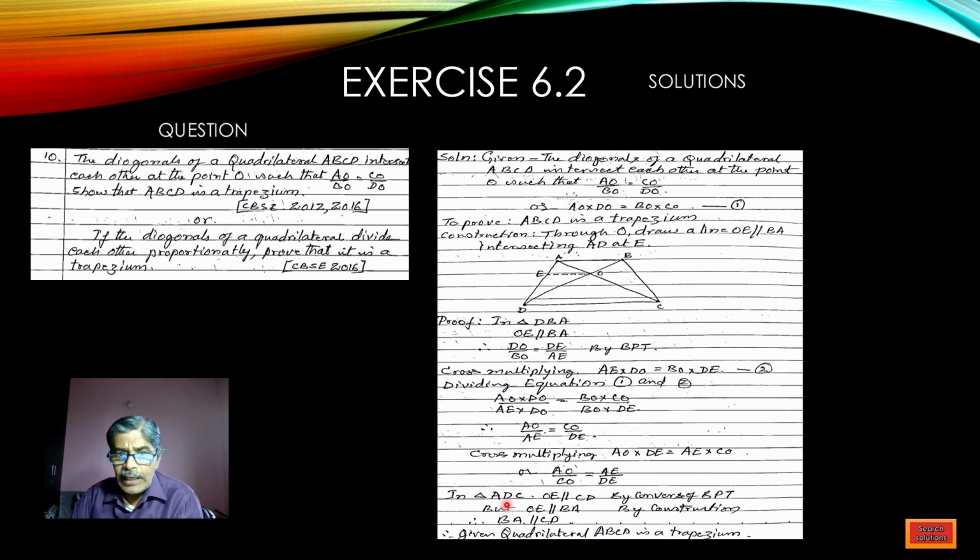So in triangle ADC, the left-hand triangle, OE is parallel to CD by converse of BPT. But OE is parallel to BA by construction. Therefore, BA is parallel to CD. Therefore, the given quadrilateral ABCD is a trapezium.